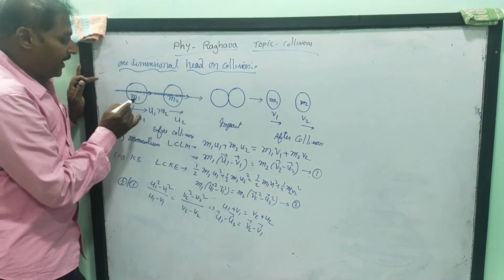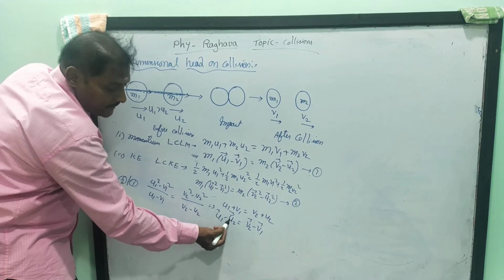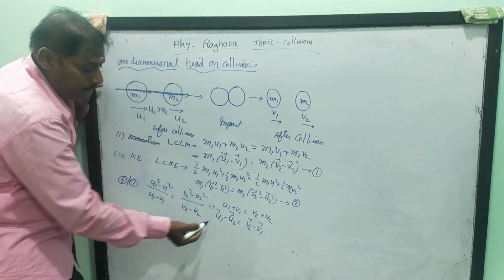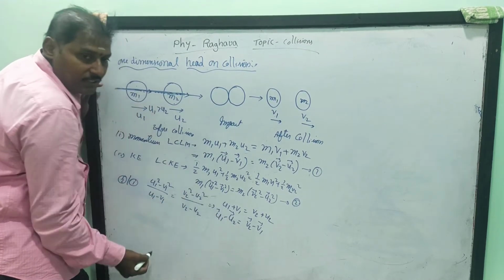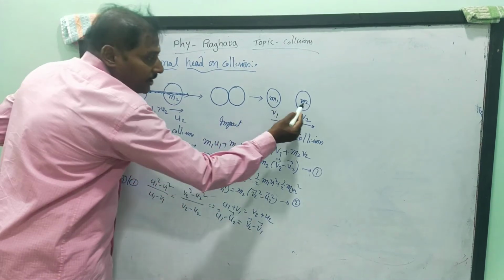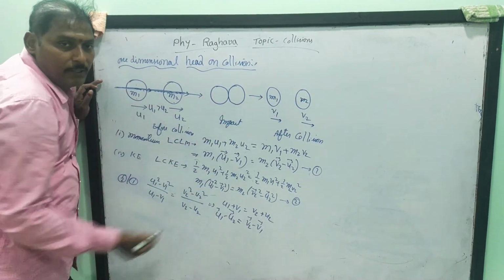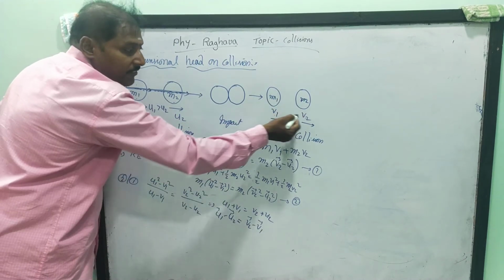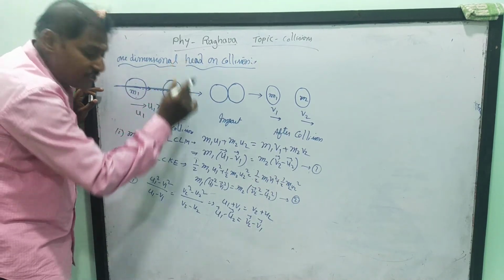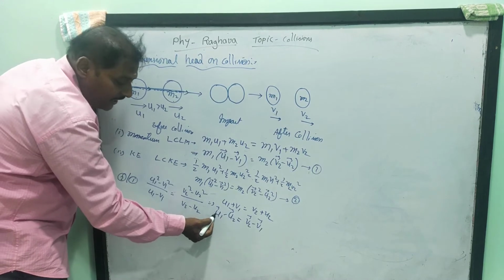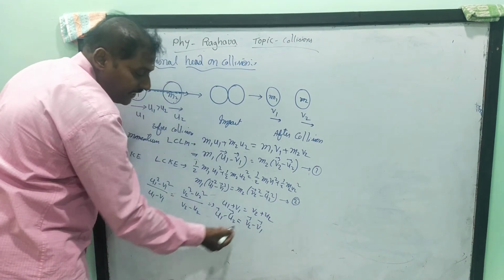That means, if body 1 approaches the second body, the relative velocity of approach before collision, u1 minus u2, is equal to the relative velocity of separation after collision. After collision, the bodies separate from each other. Their masses are conserved, but velocities are changed. So finally we can conclude that in one-dimensional head-on elastic collision, the relative velocity of approach before collision is equal to the relative velocity of separation after collision.